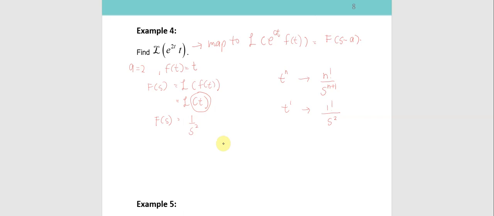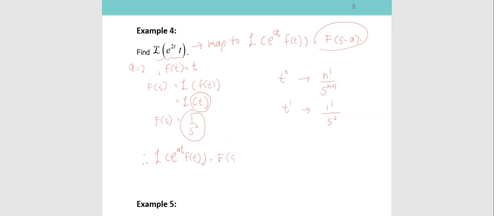But we need to find the Laplace transform of t e to the power of 2t. The Laplace transform of e^(at) f(t) is given by F(s minus a). So now you have F(s), which is 1 over s squared.